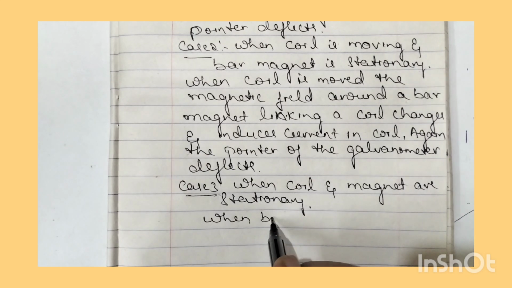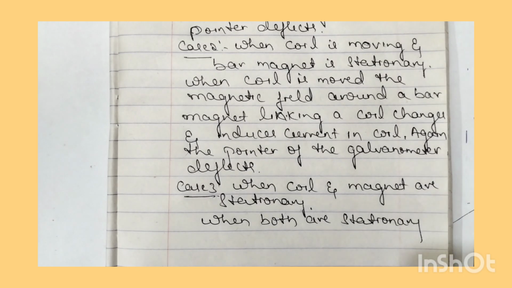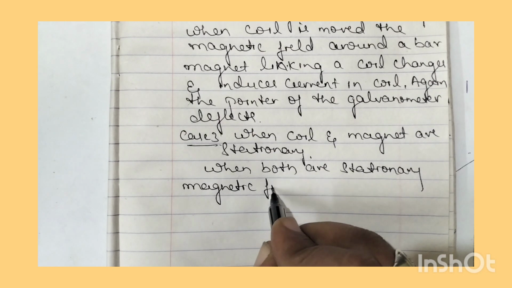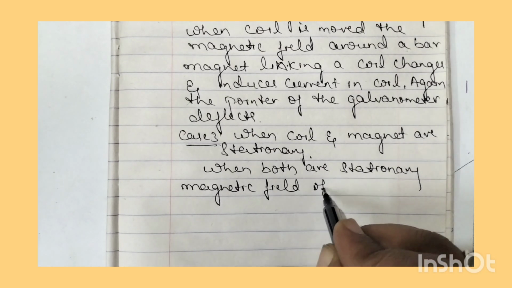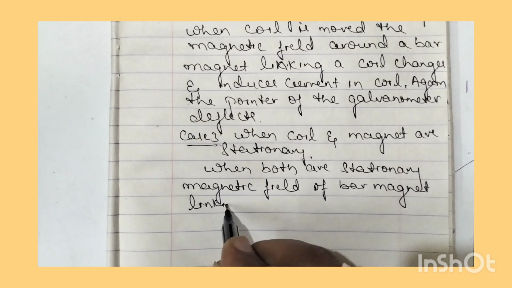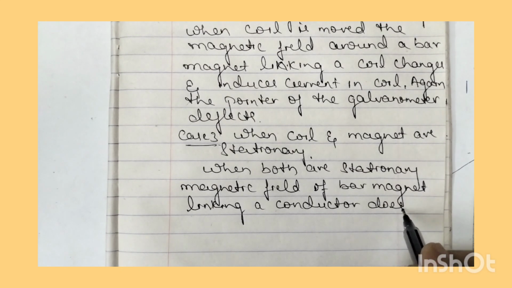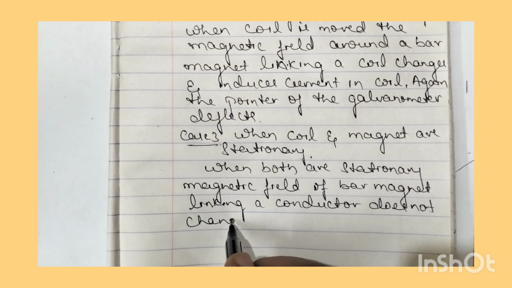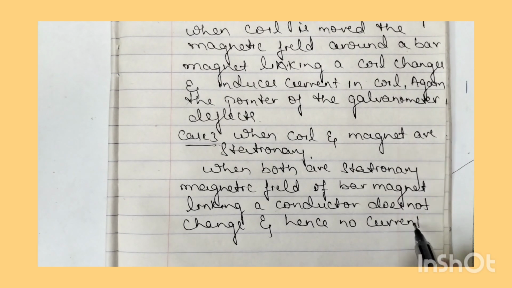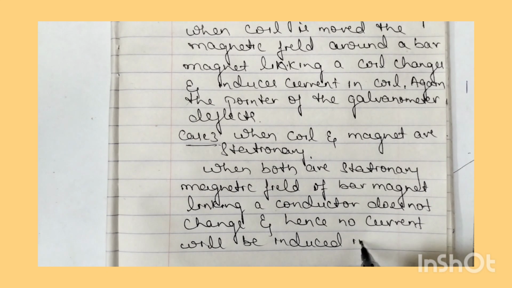When both are stationary, the magnetic field of bar magnet linking a conductor does not change and hence no current will be induced in the coil.